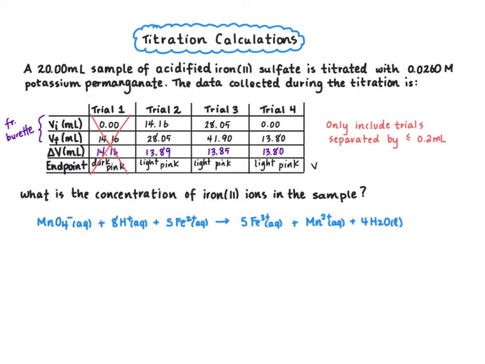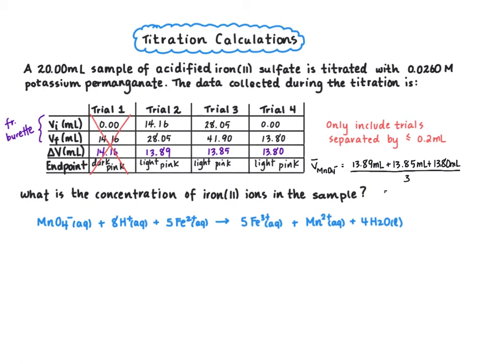So our volume of permanganate that was added on average is going to be 13.89 milliliters plus 13.85 milliliters plus 13.8 milliliters, all divided by 3 because there's 3 trials.